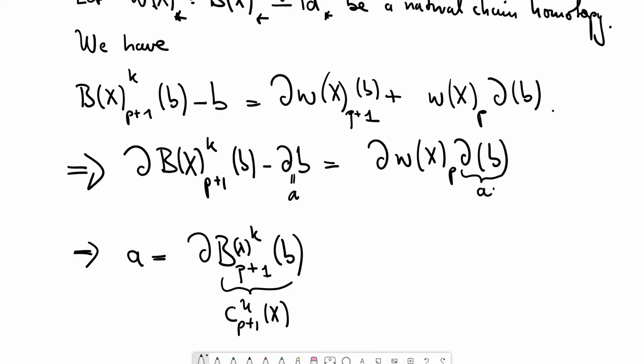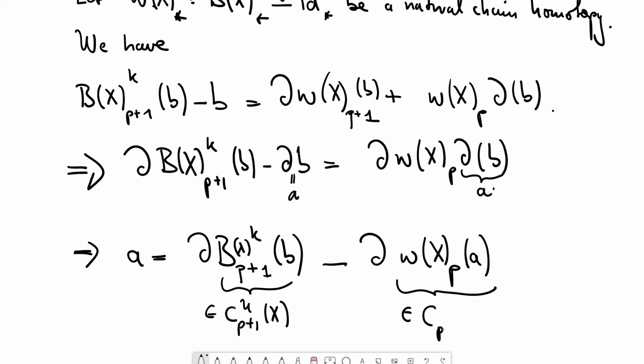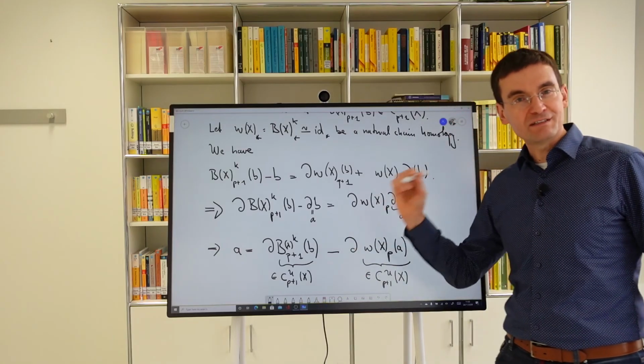And then we have minus the boundary of w x p of a. And I claim this thing here is also in C p plus 1 U of x. So what do we need to conclude that?